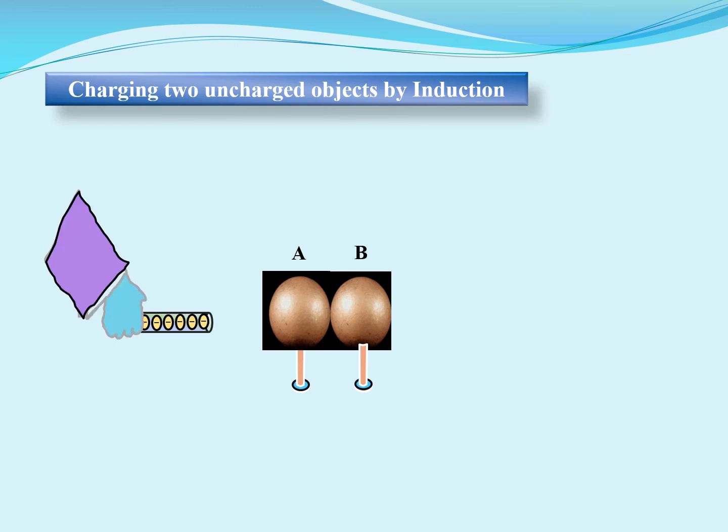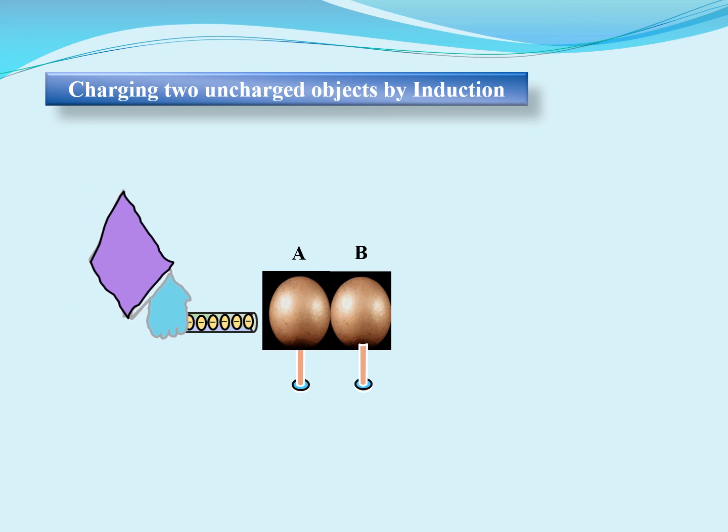Now, as soon as A and B are in contact with each other, there might be charges moving from one body to the other body by the method of conduction. But since both of them are neutral bodies, we do not see any movement of charges from one body to the other body.